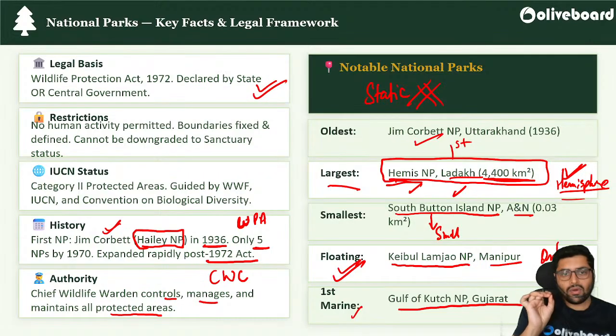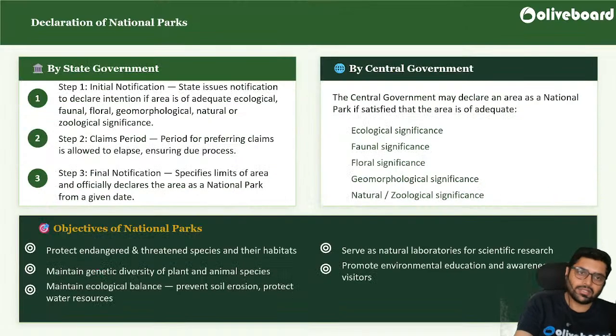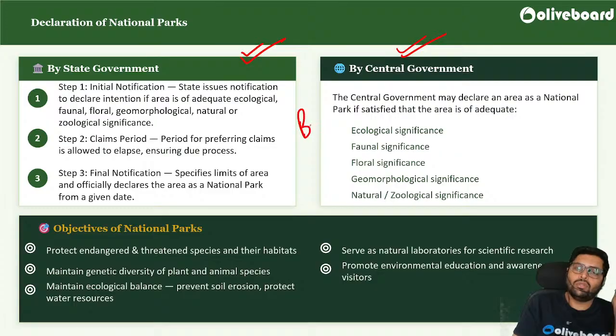Okay, now let us go ahead with some national parks. Who can declare a national park? The state government or the central government, both can declare. Correct? State government, first they will put an initial notification, then a claims period will be there.